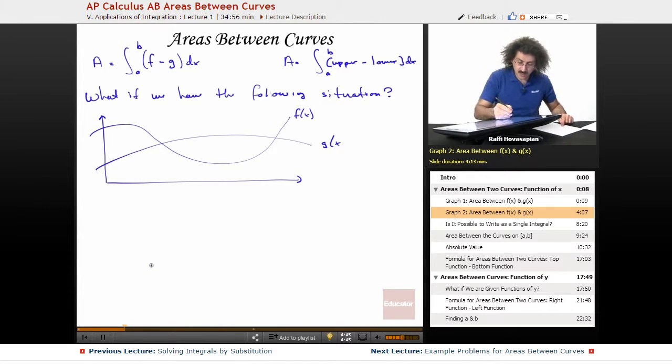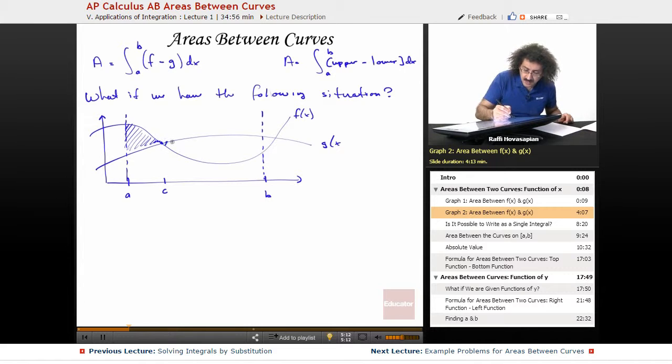Let's call this a, and we'll put b over here. Where they meet, I'm going to call this c. So the area between the curves is going to be this area right here and that area.